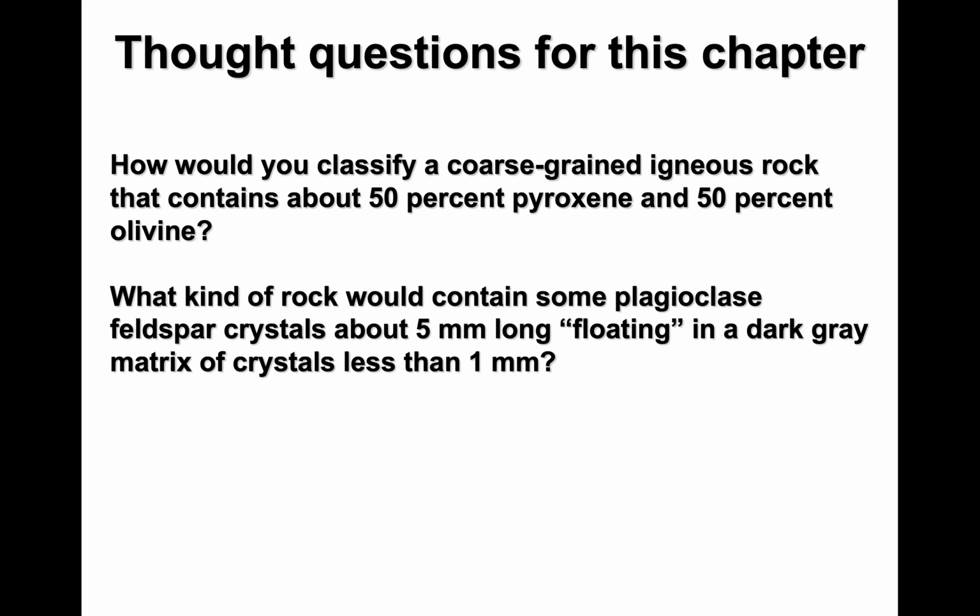So therefore you must know that plagioclase crystals, especially anorthite plagioclases, show a very low density. That means they are floating up in a dark gray melt, and the dark gray melt is a melt which is more mafic in composition and has a higher density.